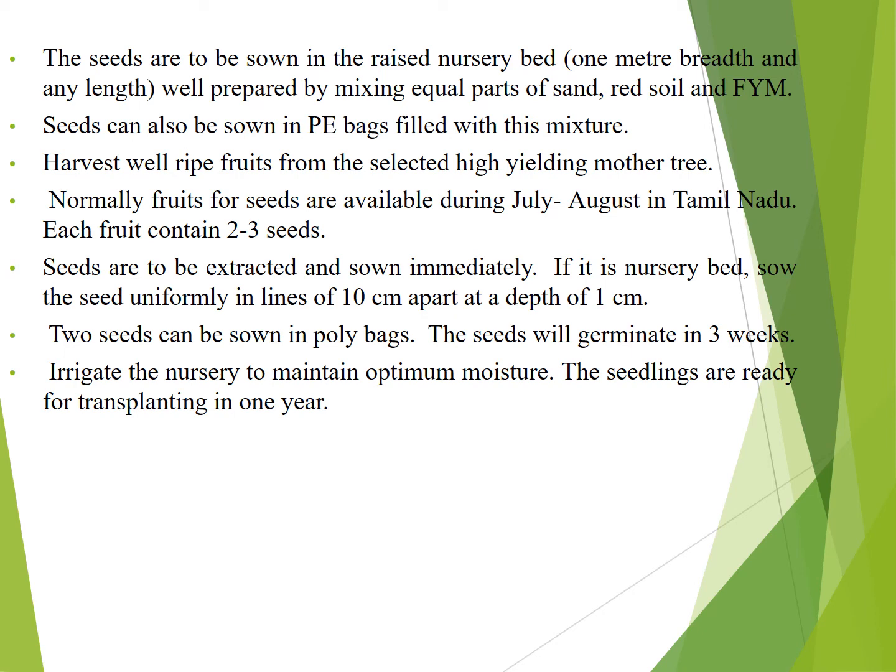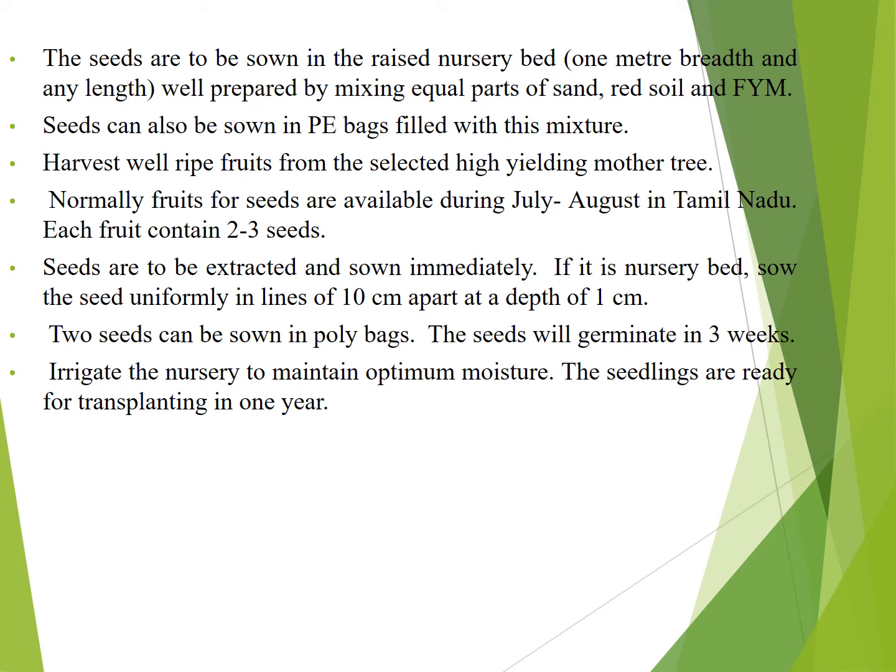The seed can also be sown in polyethylene bags filled with moist soil and sand. Harvest well-ripe fruit from selected high-yielding mother trees. So first of all, you should have the mother plant for the propagation of the next generation plant.